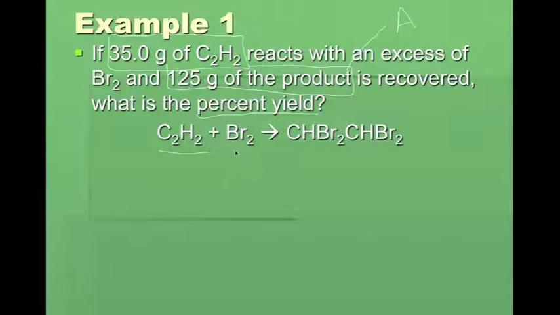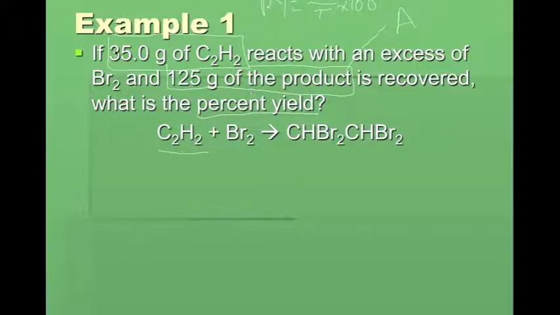Remember that percent yield, yield means product. Here we know our actual yield. In our equation, percent yield equals our actual yield divided by our theoretical yield times 100. We have our actual, so we just need to calculate our theoretical.